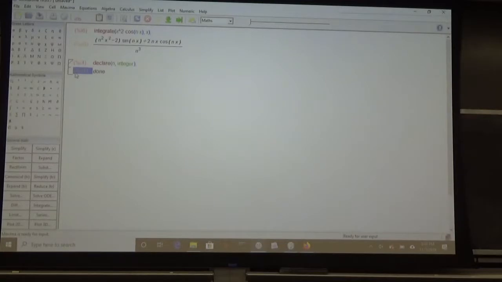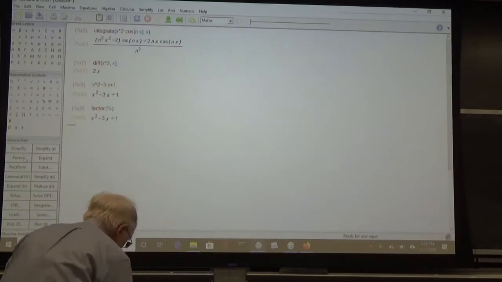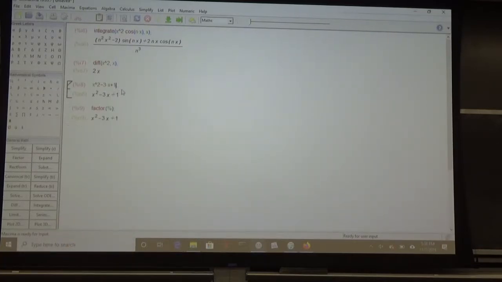Okay, and then other things, you can also differentiate by just doing diff, and then whatever function you want to differentiate with respect to, say, x, and it'll give you the derivative. If you have a function, say, x squared minus 3x plus 1 or something like that, you can factor it. Everybody knows a function that factors.